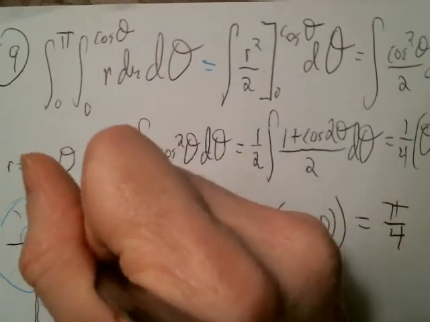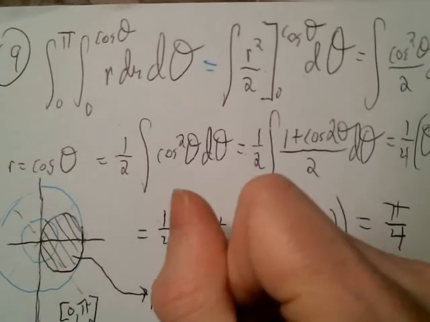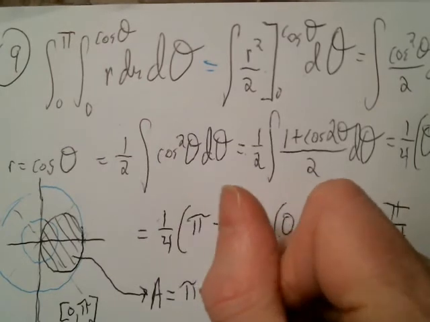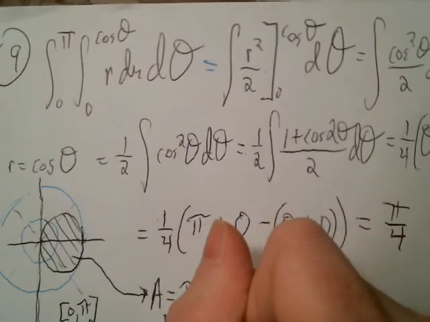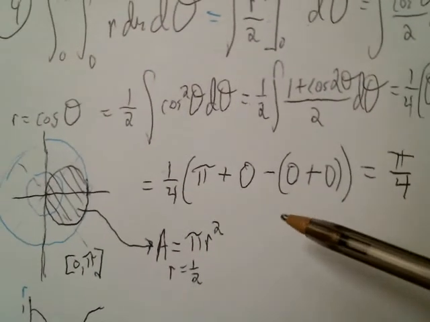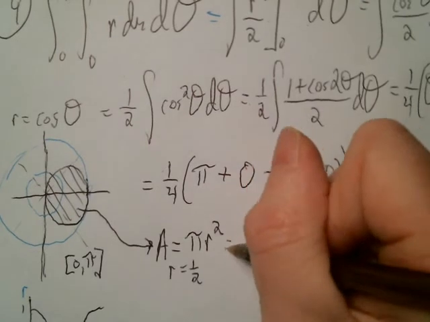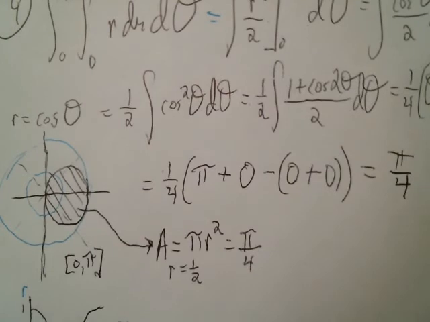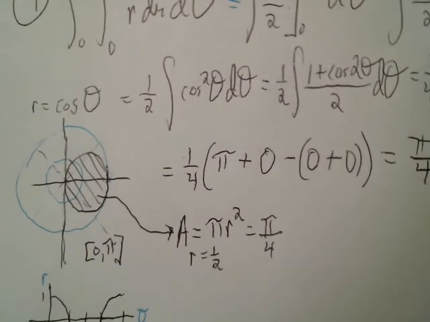So the area of this thing I know from geometry, area equals pi r squared. In this case, r is 1/2, so the area would be pi times 1/2 squared, which is pi over 4. And sure enough, we got it. Right?